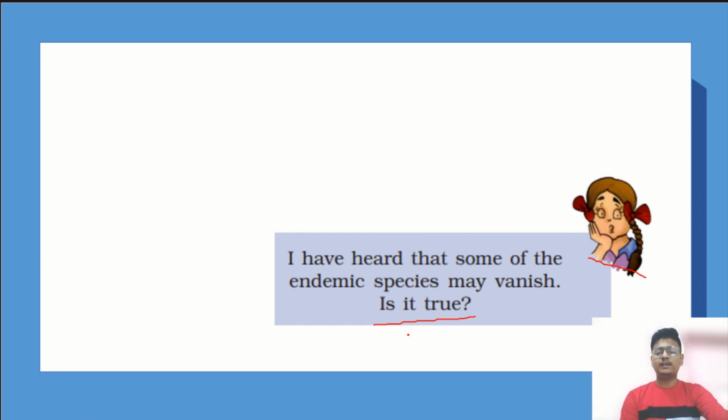Just two are left in the whole world, and that's why they are endemic species. So they can also vanish. If the male or female dies, they cannot reproduce anymore, and that species will vanish from this earth. So this is true.